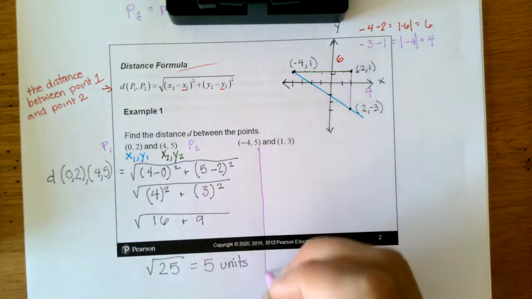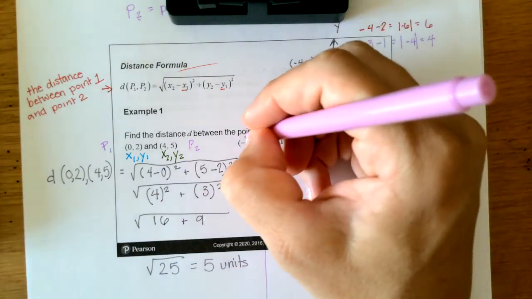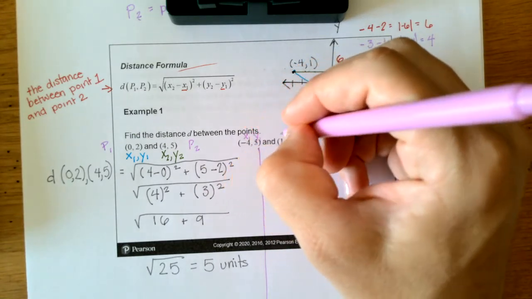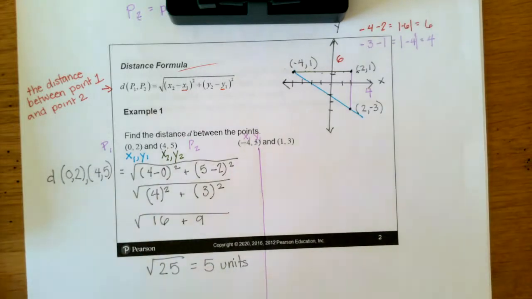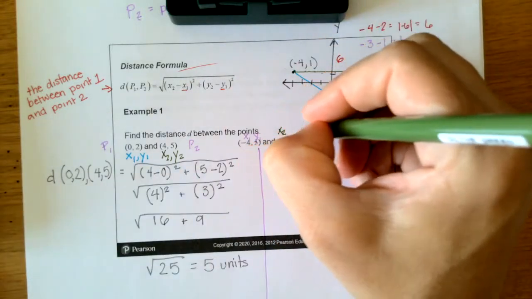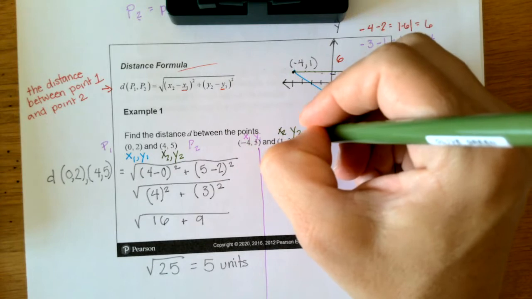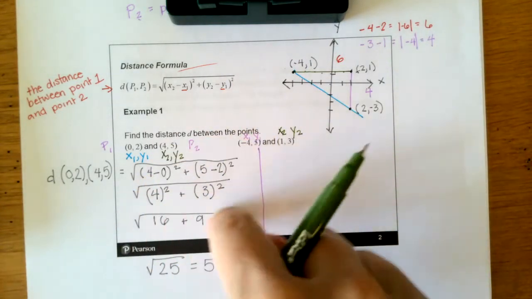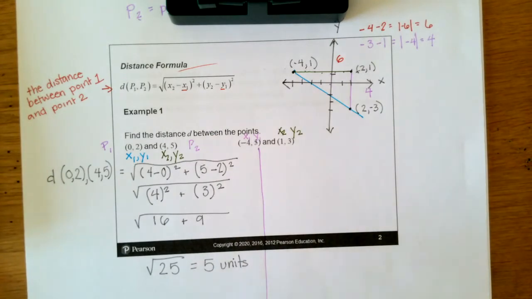All right, let's do another one. -4 is my x1. 5 is my y1. 1 is my x2. 3 is my y2. I have a negative here, so I want to make sure to use more parentheses than I did over here, just to be careful.